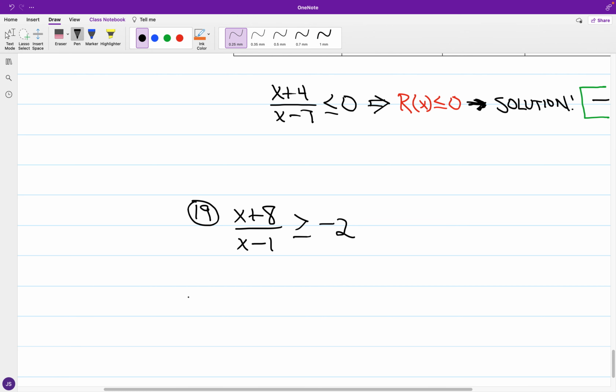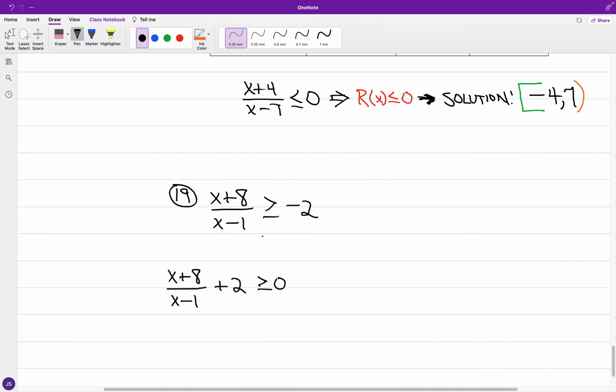And so in the rewrite, we have x plus 8 over x minus 1 plus 2 is greater than or equal to 0. And just like what I did with two ratios, I'm going to add these terms together and consolidate.